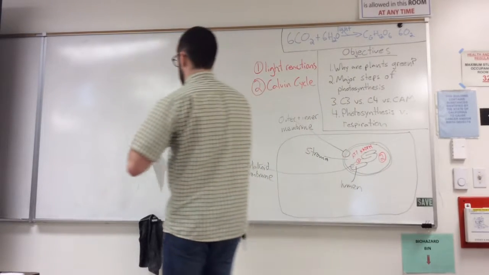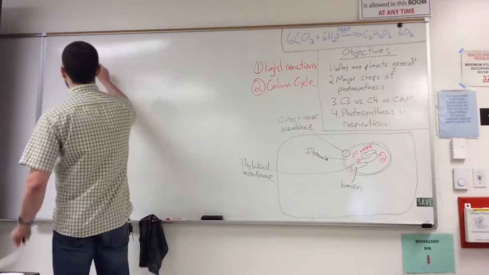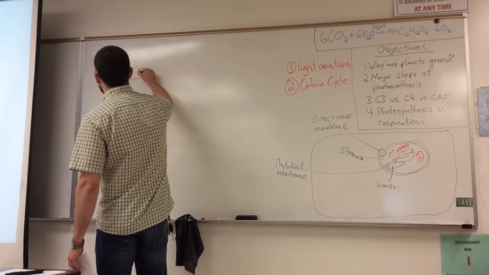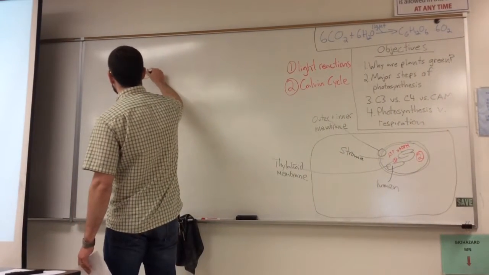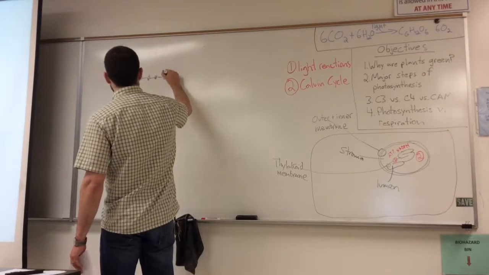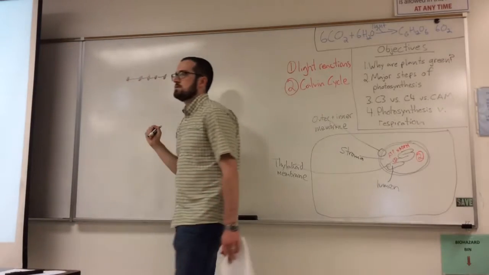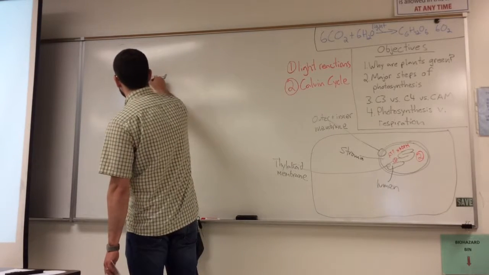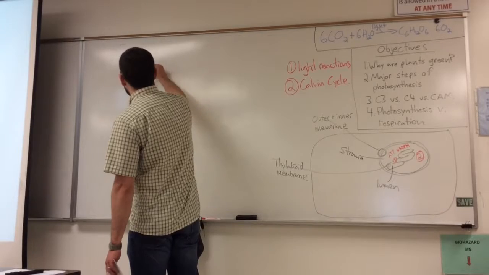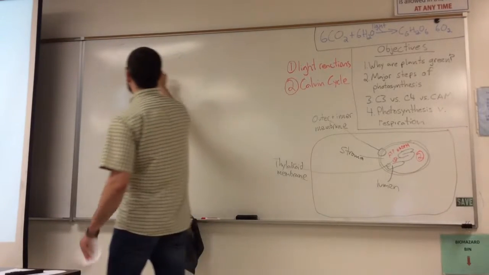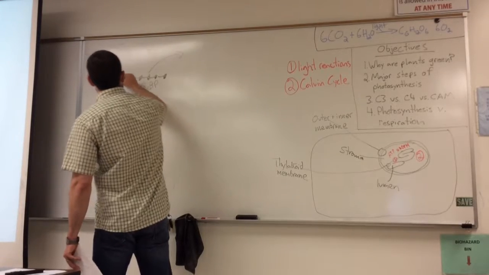And so this is a cycle. So we're going to start out with a 5-carbon molecule. This is RuBP. And then we'll start off with 3 of those.